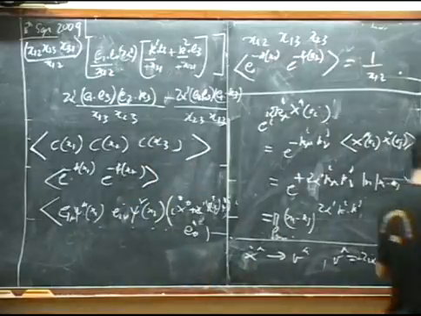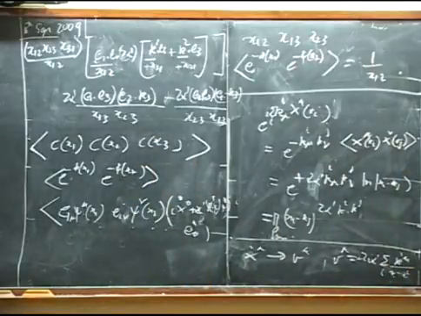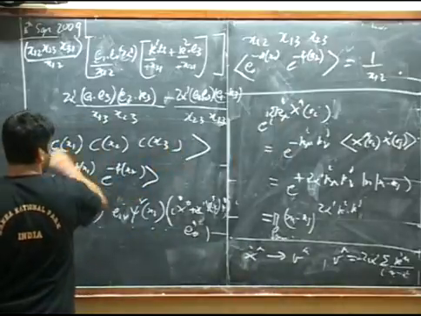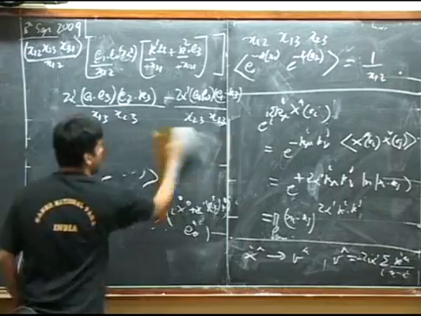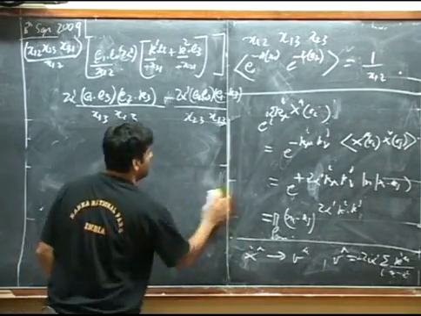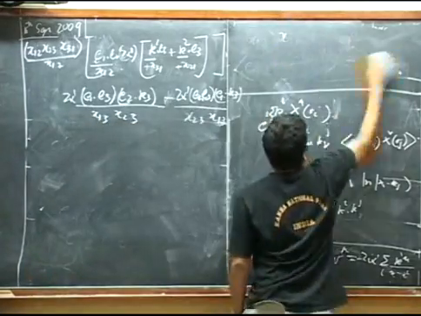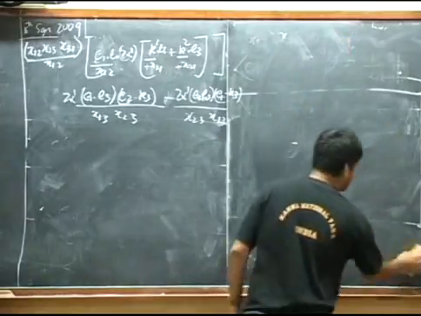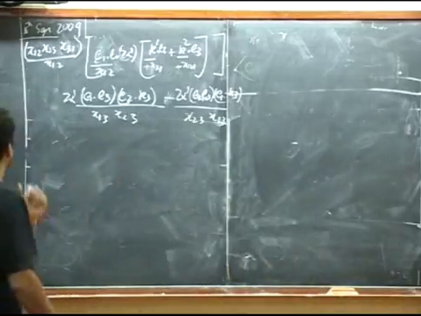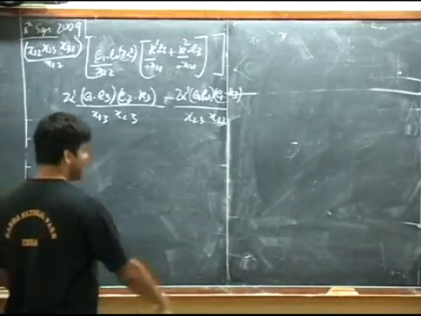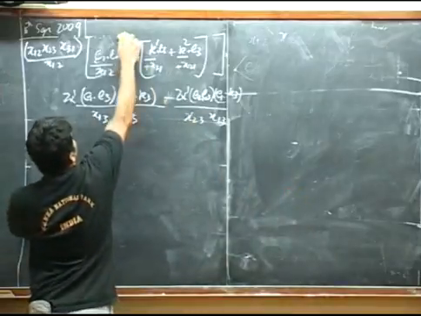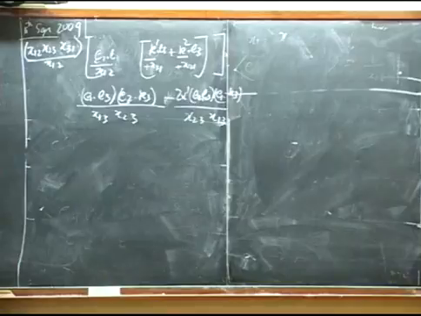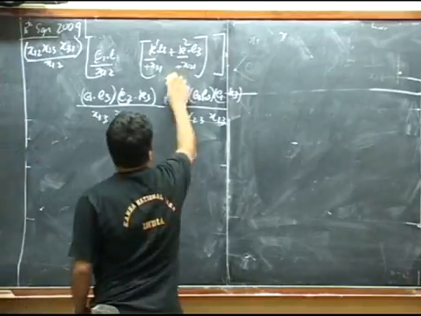Okay. So now that we have this all on the board, now I'm clearing this. So there's a 2 alpha prime overall, which I'm just going to clear off. 2 alpha prime.